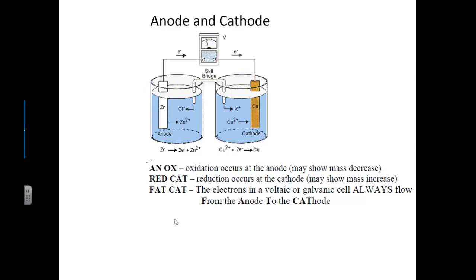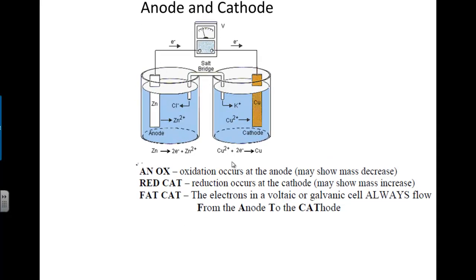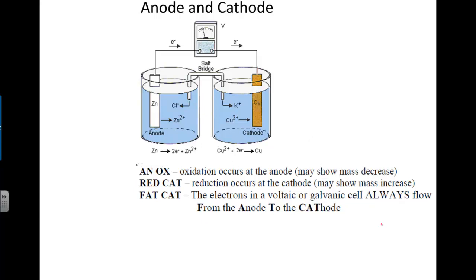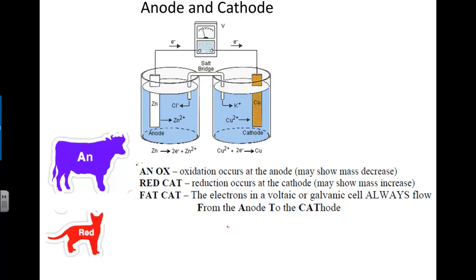And one easy way to remember that is to remember these mnemonics. One is An Ox, and with An Ox, you can think about an ox: an anode is where the oxidation occurs. Okay? And Red Cat is where the reduction occurs at the cathode.